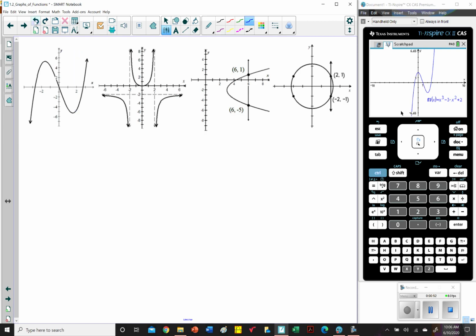Let's take this idea, for example. If we have a vertical line and imagine passing that line from left to right, just like we read a book, notice that it's only intersecting the graph one point at a time. So that relation is a function. Think about the second one now. Would that be a function or just a relation?